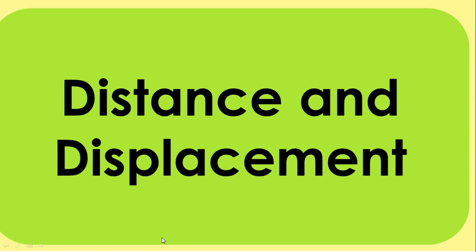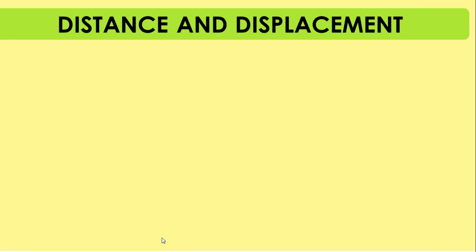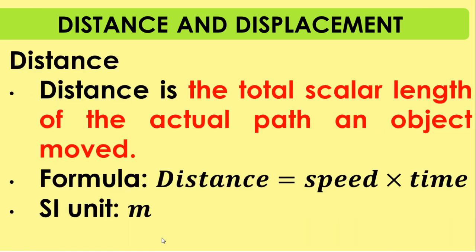This is for acceleration. Now let's move on to distance and displacement. Again, this is just a recall because we have already discussed these terms. Now, distance is the total scalar length of the actual path an object moves. And for the formula, we can get distance if we multiply speed by time. And the SI unit for distance is meters.